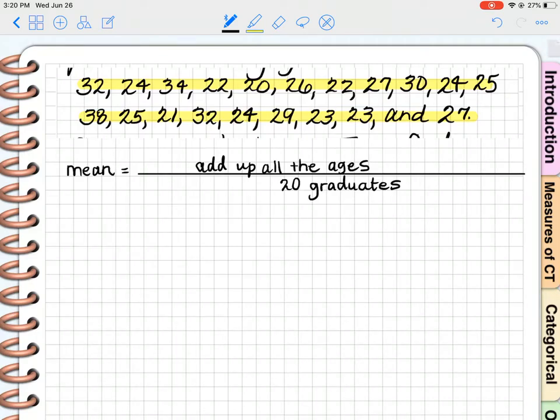So carefully on your calculator, and you can stop the video if you need to do that, I am adding up as we speak. This is a lot to do, so please be careful that you add correctly. And I know this is taking a while.